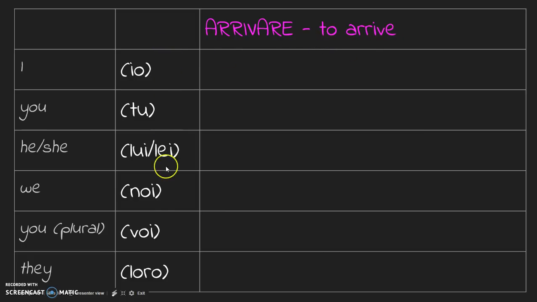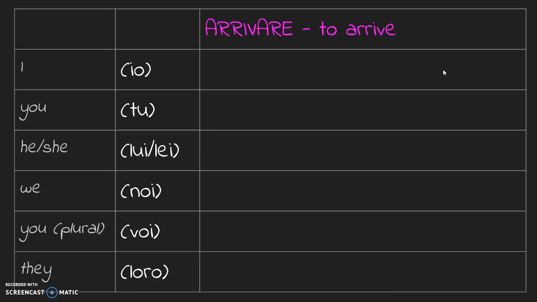We know down the left-hand side here we have our subject pronouns. Those are the things that tell us who we are talking about. So io, I, tu, you, lui or lei, he or she, noi, we, voi, you plural or all of you, and loro, they.